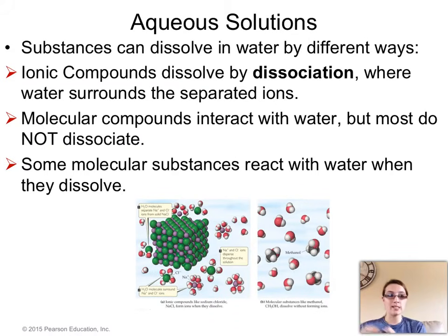They might dissolve, but they do not dissociate. When you see the term dissociate, that means it breaks down into ions. Molecular compounds don't have ions to break down into. Instead, what happens sometimes is these molecular substances react with water, and that is actually what we see occurring.